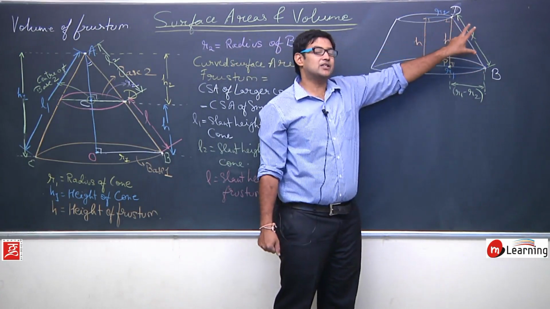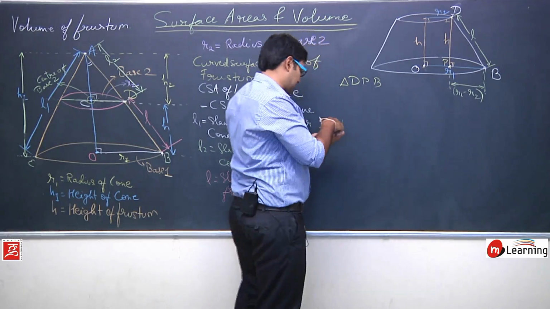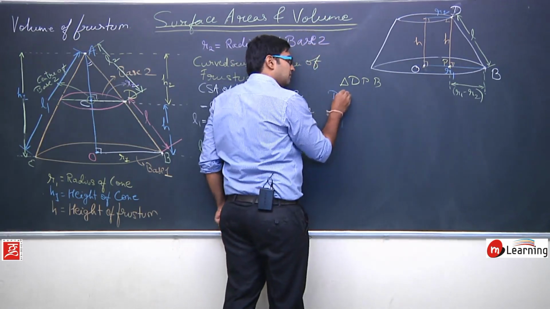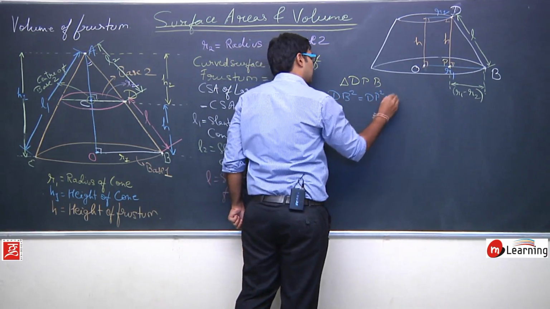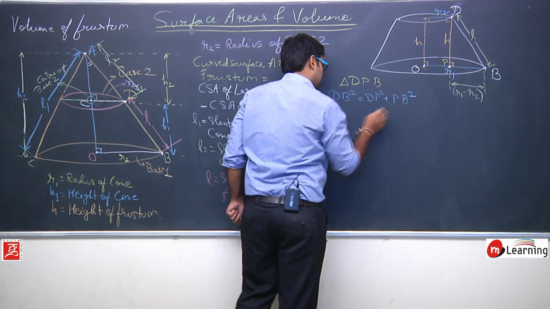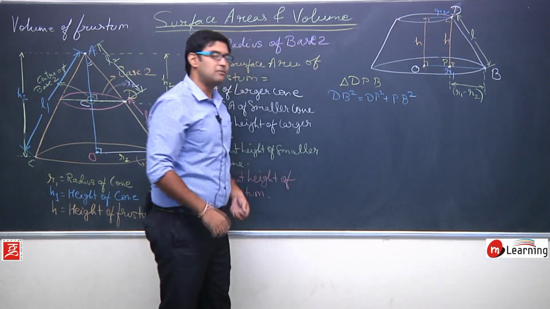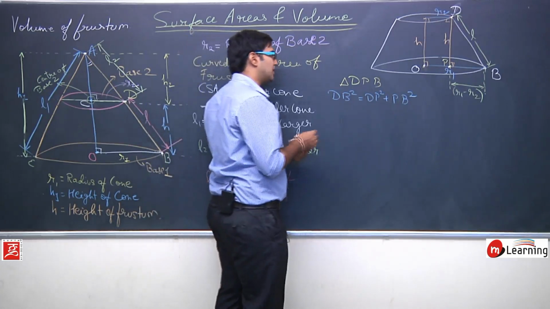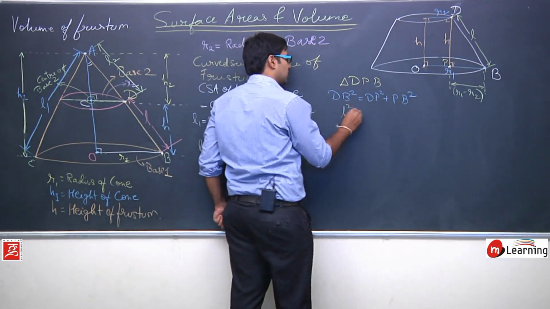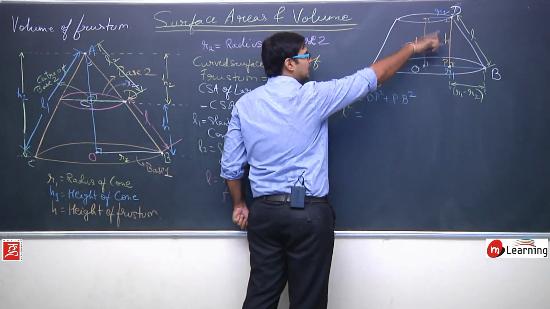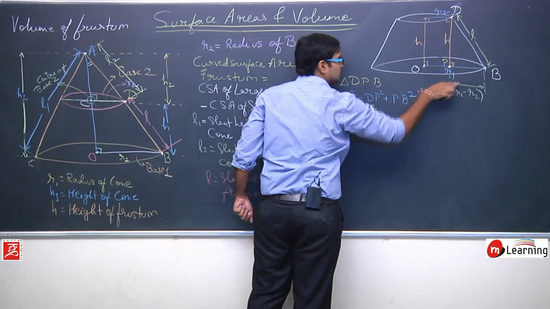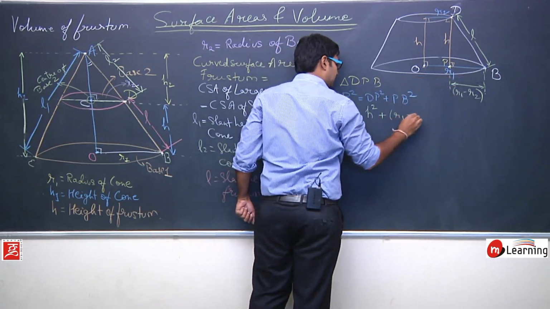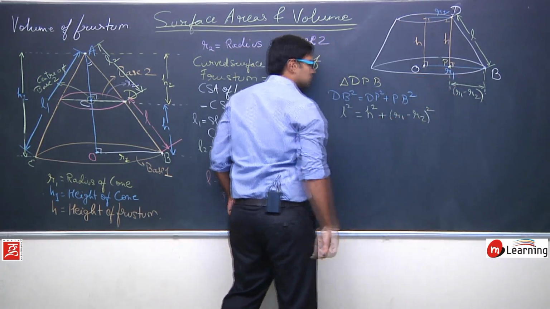So I can apply Pythagoras theorem and I will get that DB square is equals to DP square plus PB square. In place of DB square I can write L square is equals to, in place of DP square I can write H square plus in place of PB square I can write R1 minus R2 square.